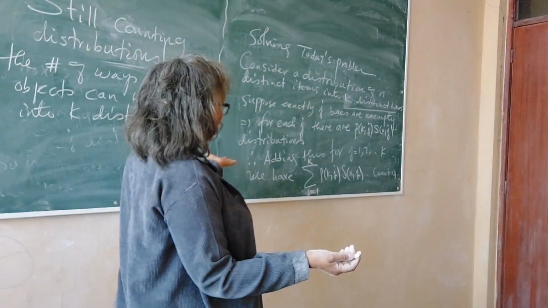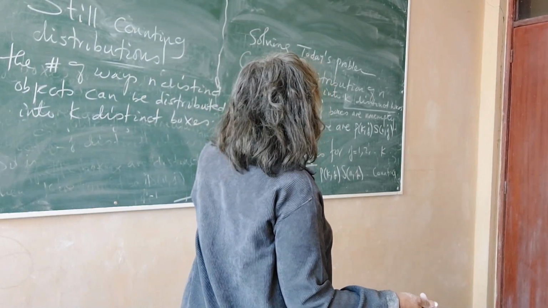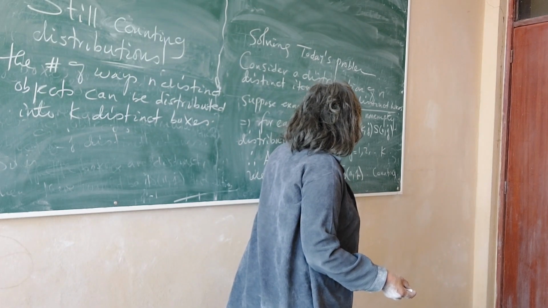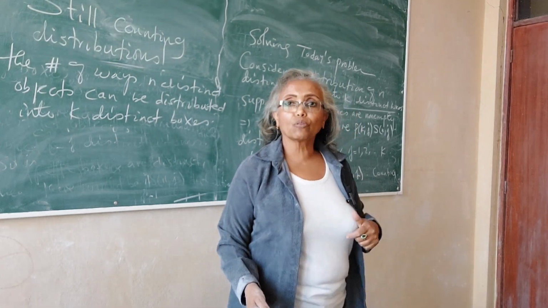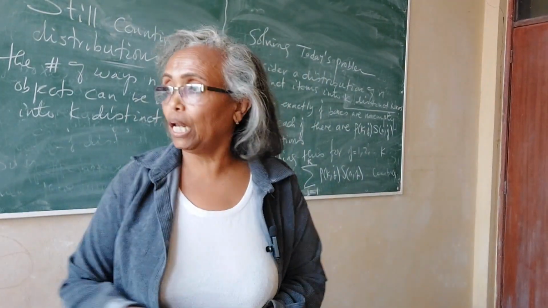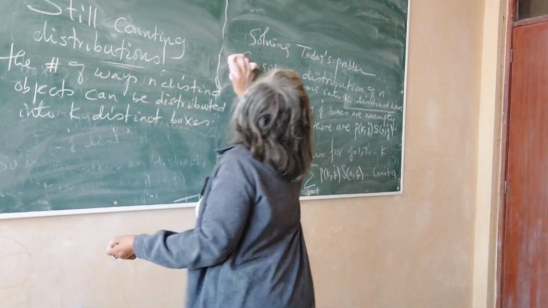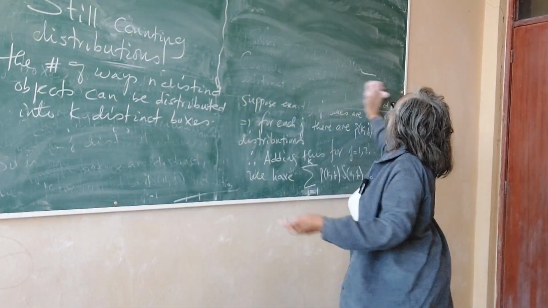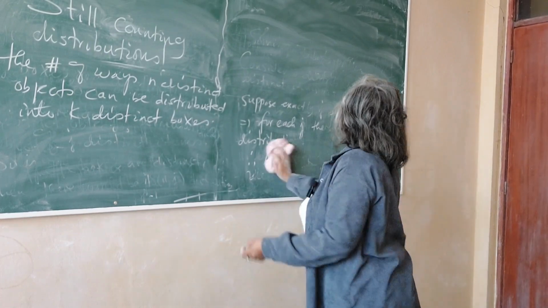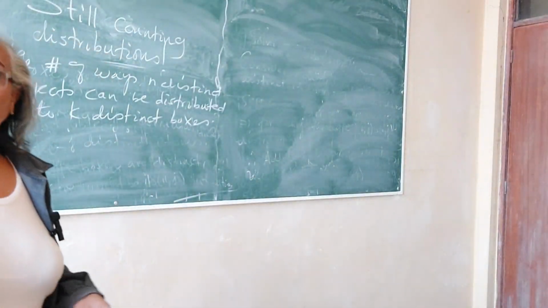Okay, so let's see an example. Actually, you can check that this is exactly equal to k to the power of n. We are going to see an example to verify that. Now I have a Stirling table here.